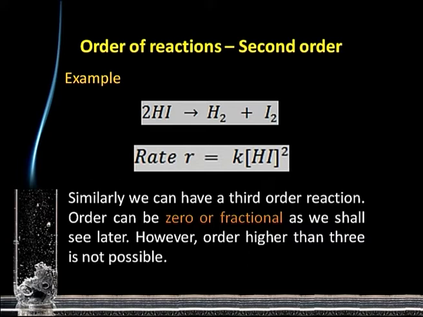Similar to this, we can write equations for third order reactions, but we can repeat, order of reaction can be 0 as well as fractional, as we shall see later. However, order higher than 3 is not possible. Even in the case of third order reactions, there are not many examples, and most of them involve 2 molecules of nitric oxide.